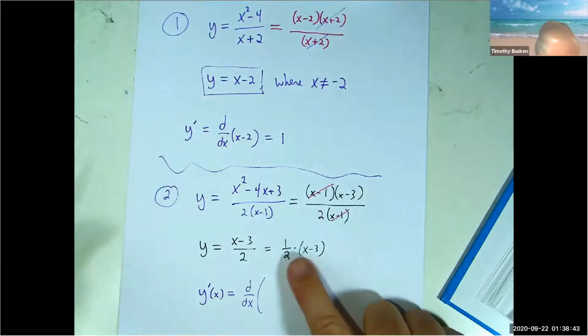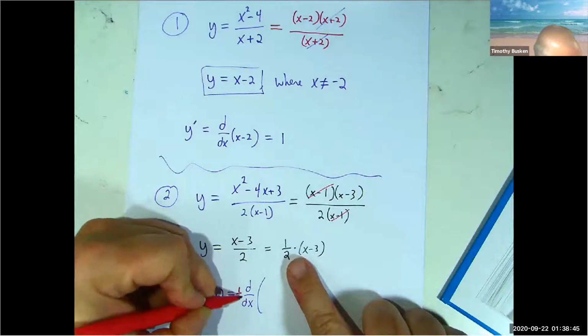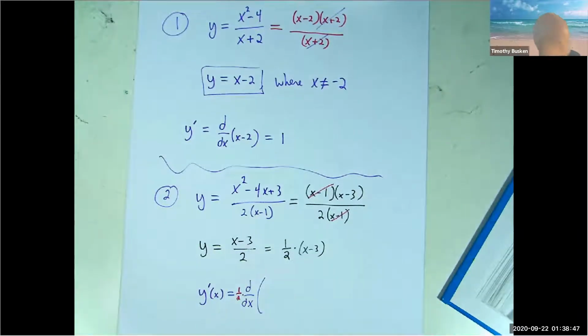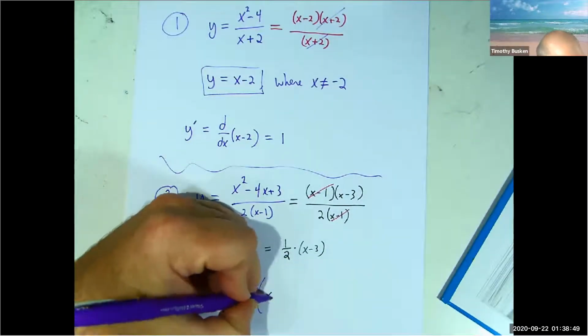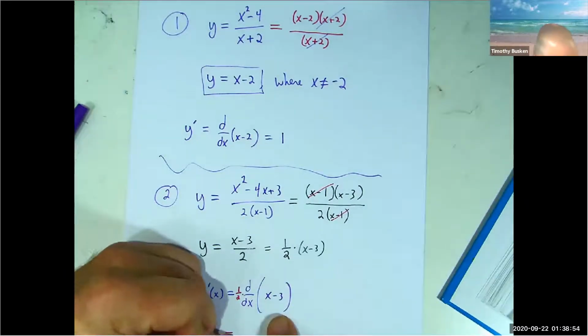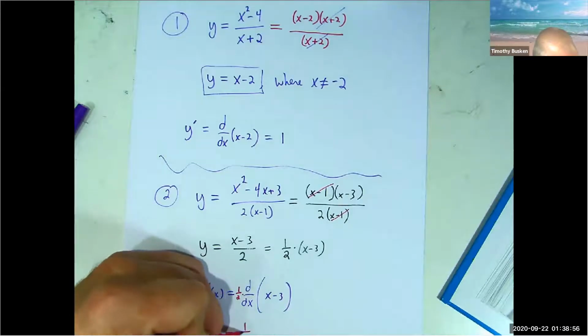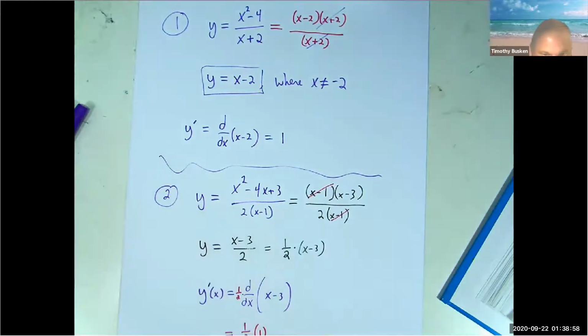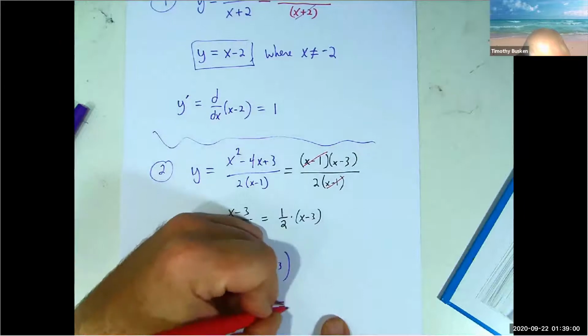And I can pull that 1/2 out and use that constant multiple rule. Okay, so it's just 1/2 times the derivative of x minus 3. And the derivative of x minus 3 is 1.